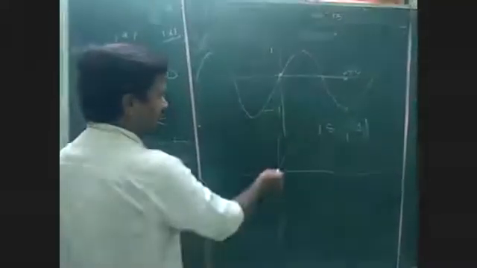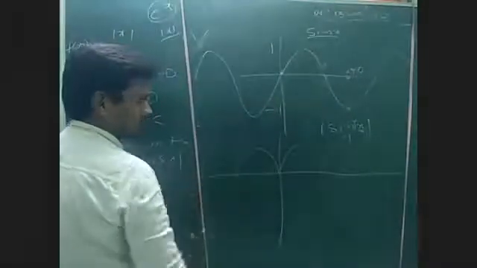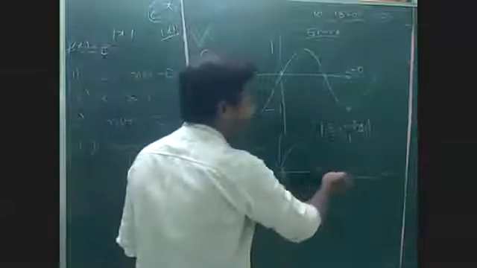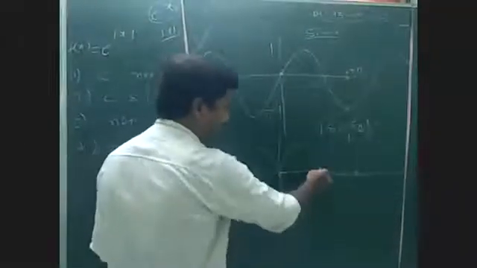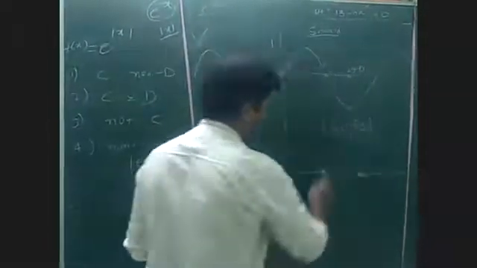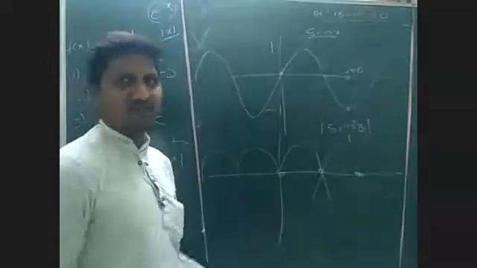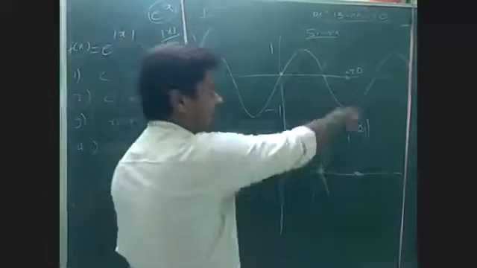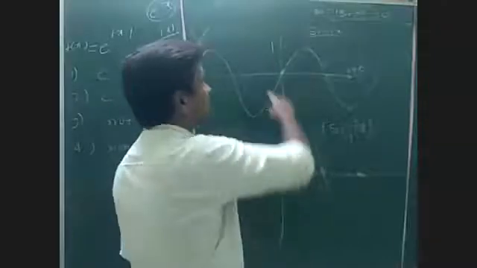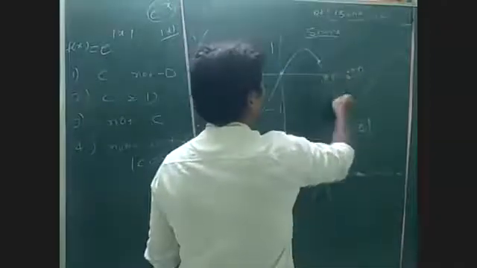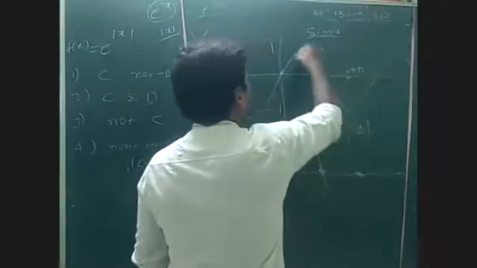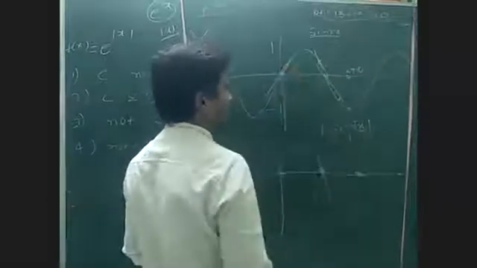We'll get the graph in the first quadrant as well, like this. So here, there will be infinite such points. At all these points, the modulus sin x is not differentiable. This is the reason it is not differentiable. Only sin x is differentiable. You can take any point anywhere and draw the tangent, and we get a unique tangent at each and every point.